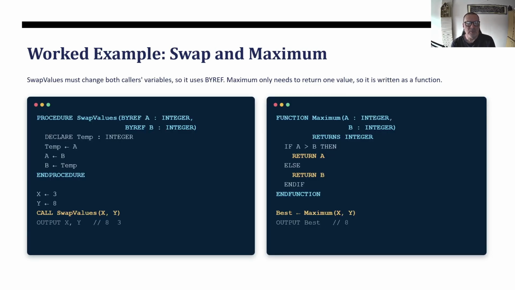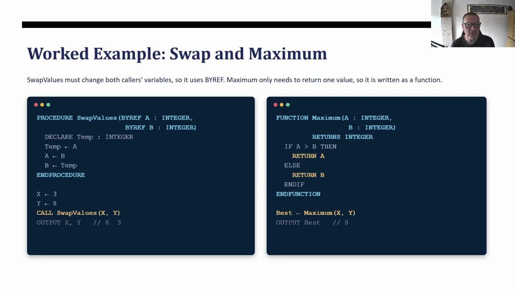So we've got an example here of swap being done by a procedure. So we want to swap two values around in a procedure. Notice that this is updating two variables, a and b here, or x and y when we call it. So we need to use byref. Byref allows us to update more than one thing. And when we're calling this procedure, we're calling it with x and y, which have got values of 3 and 8.